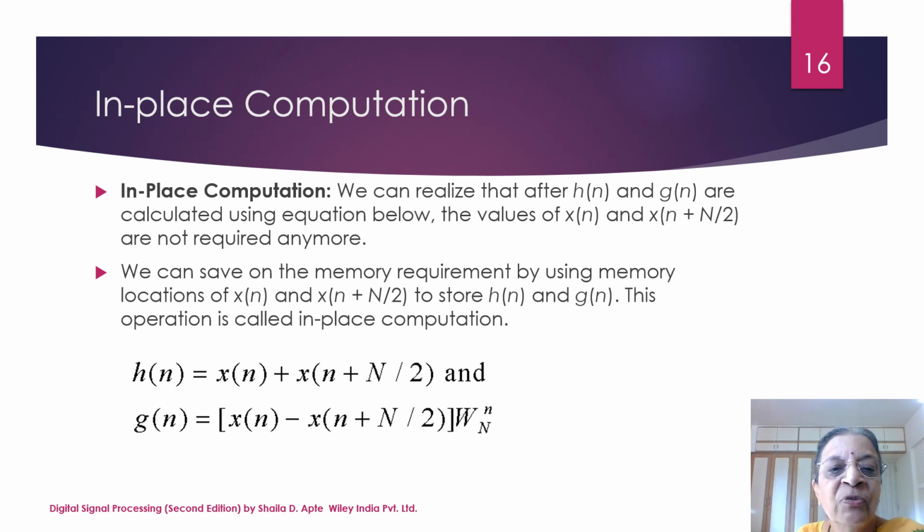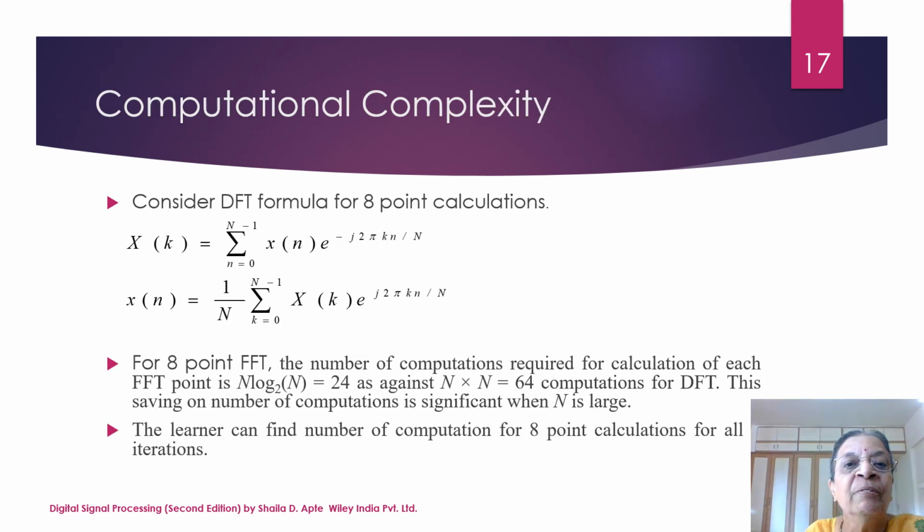See, once we have calculated Hn and Gn using xn and x of n plus N by 2, this xn and x of n plus N by 2 is no longer required further. So the memory locations which are used to store xn and x of n plus N by 2 can be used for storing the values of Hn and Gn. That is what is called in place computation.